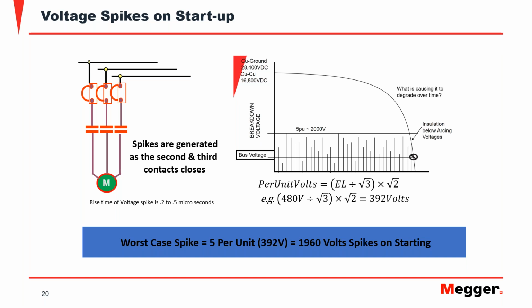During that interval, during that process, you can have spikes of voltage generated as a consequence of that startup process that can be up to 5 times per unit. For example, for this 480 volt motor where we have 392 volts, those spikes can get up to 2000 volts. And that is during regular operation and with no connection to any switching device whatsoever.